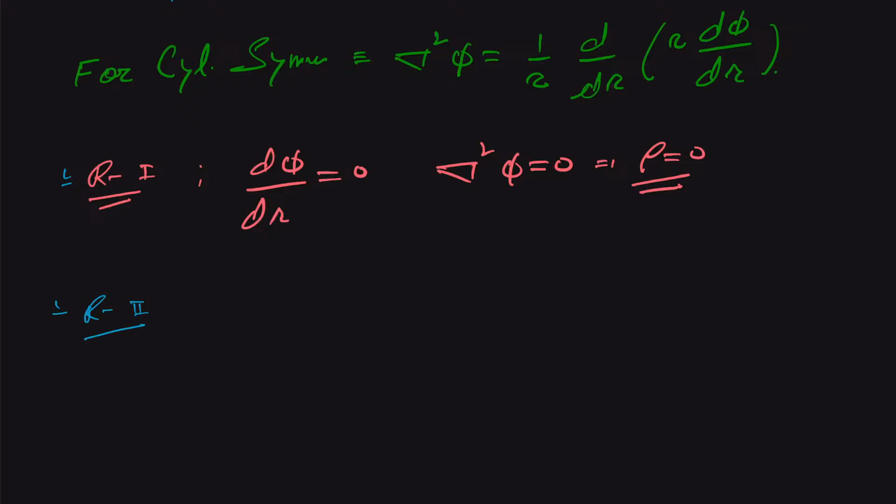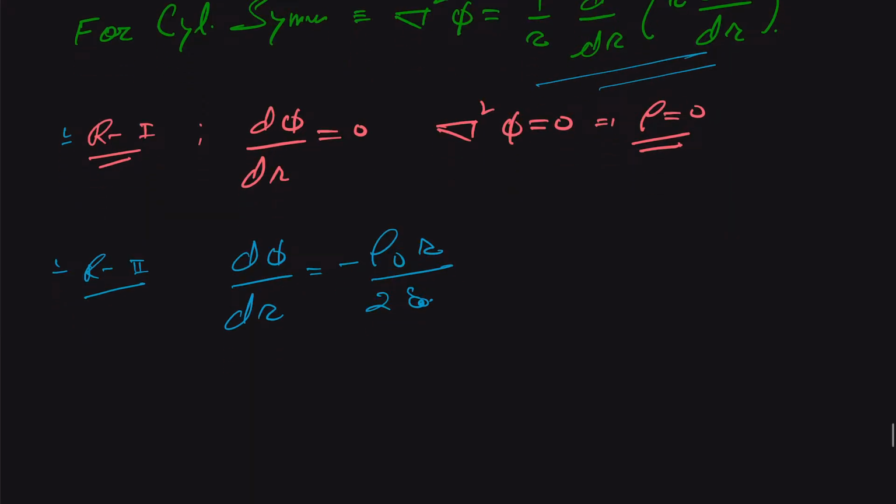In Region 2, our derivative will be equal to minus rho naught r upon 2 epsilon naught. Okay. And we need to sort out this equation, so we multiply both sides by our r.